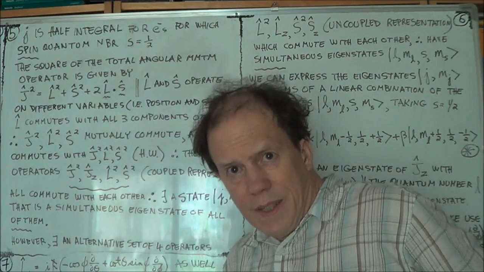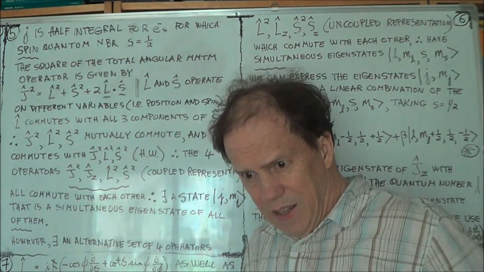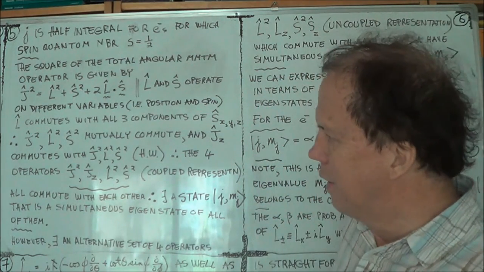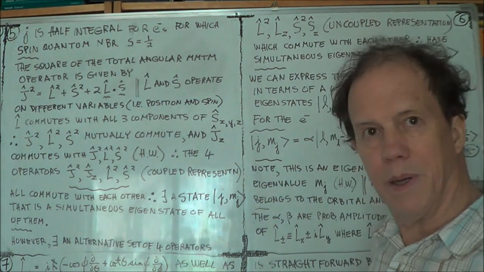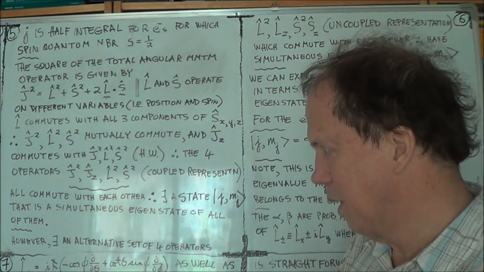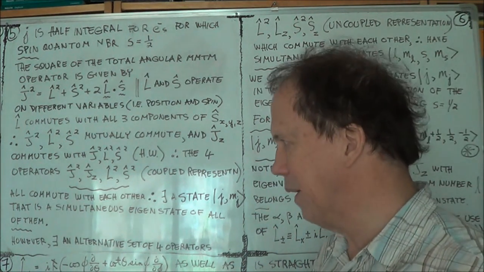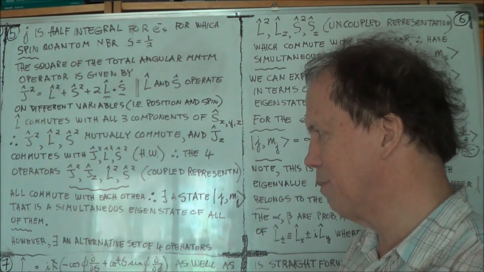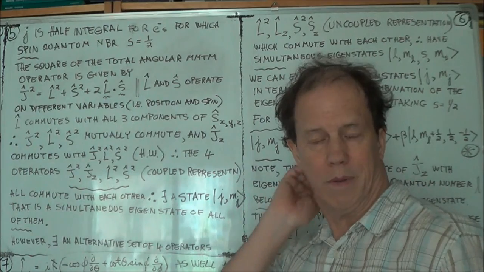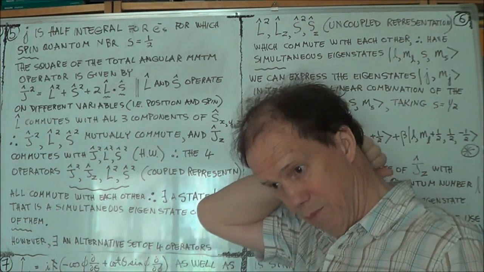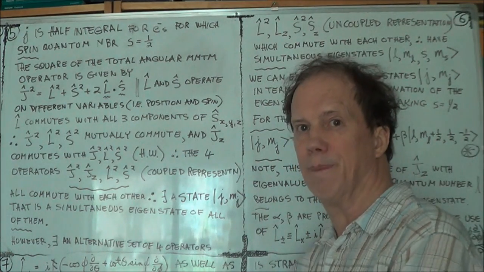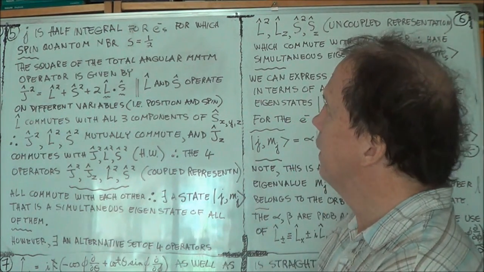Right, in this session we get a clearer, relatively speaking, idea of what's meant by the terms that I introduced in the previous session: uncoupled and coupled representations of a composite system, with more than one part, in the context of adding angular momenta.